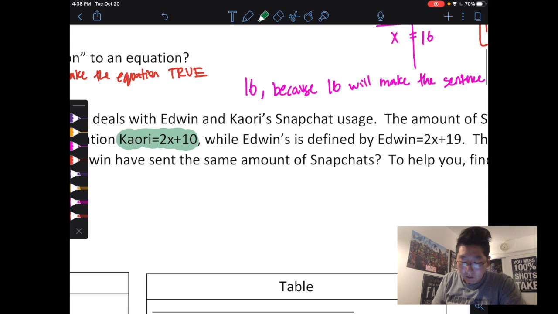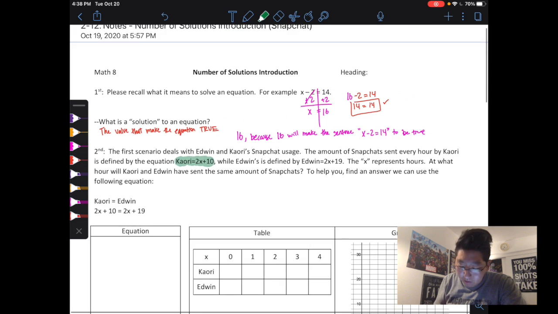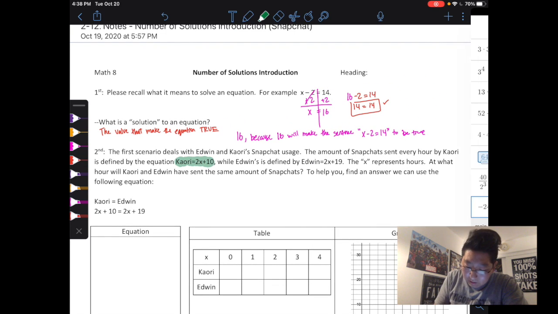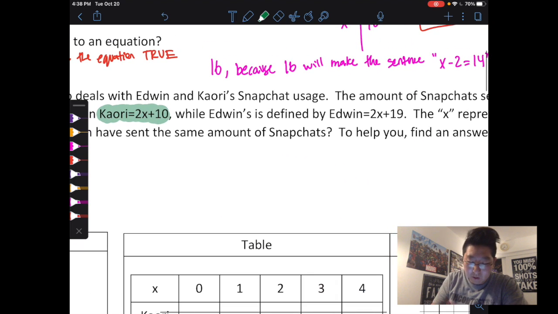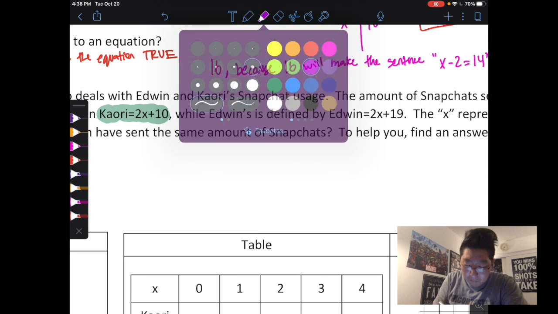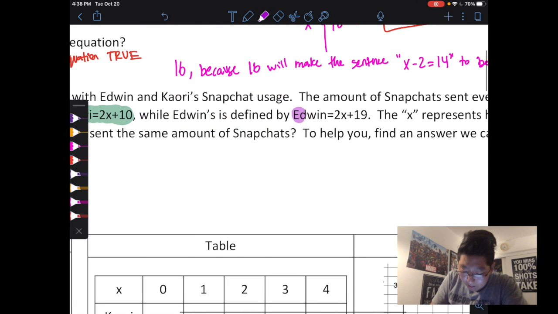While Edwin's, so I'm going to read that sentence again. The amount of Snapchats sent each hour by Coyote is defined by the equation Coyote equals 2x plus 10. While Edwin, I'll highlight Edwin in purple. Edwin is defined by Edwin equals 2x plus 19.